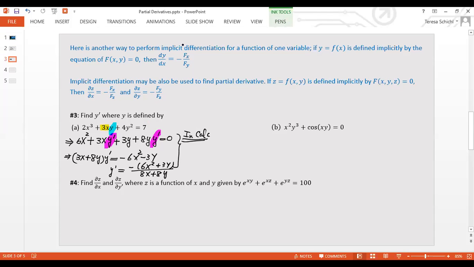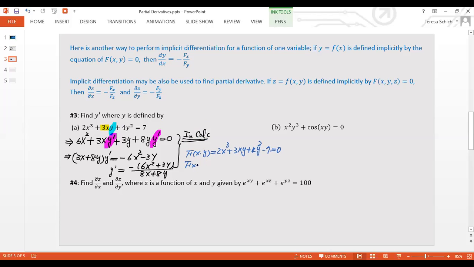So you move the 7 to the other side, and you will have f of x, y equal to 2x cubed plus 3xy plus 4y squared minus 7 equal to 0. Then this formula says you just take the partial for x and the partial for y. That's very easy, so I don't need to worry about the product rule or some chain rule later.